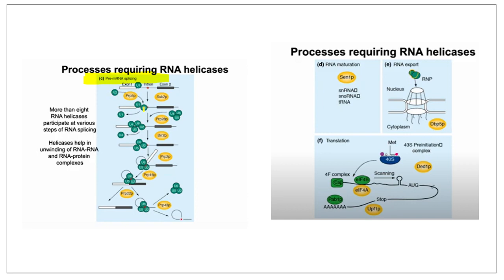So these U2, U1 are all protein complexes. When it comes with protein, it forms snRNPs, which are small nuclear RNA plus protein. So these RNA helicases are involved in mRNA splicing, and more than 8 participate at various steps. So the first thing we got to know is that RNA helicases are required during splicing.